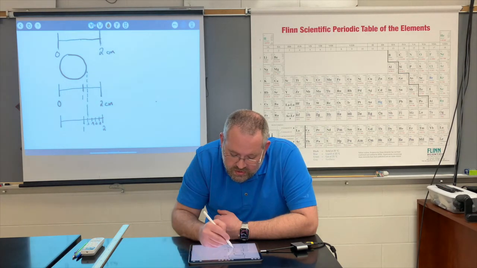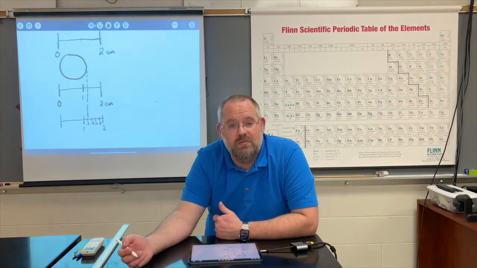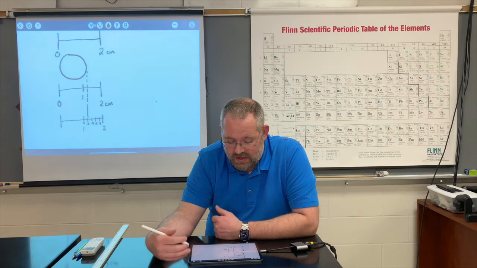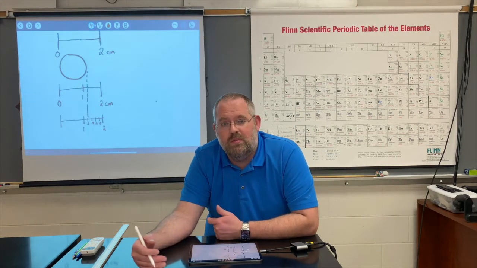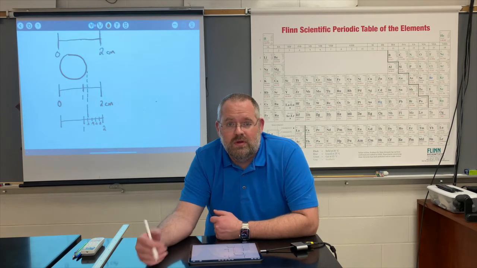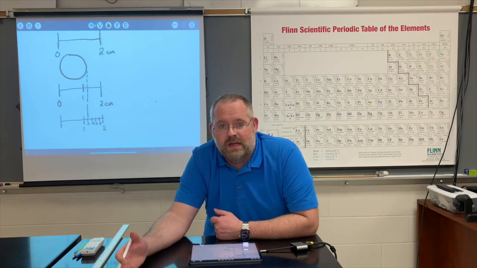Is it 1.2 or is it more than 1.2? It might actually be more than 1.2. So you could say, I think that ball is 1.21 or 1.20. You're allowed to make that extra measurement. You're allowed to make that extra estimate.